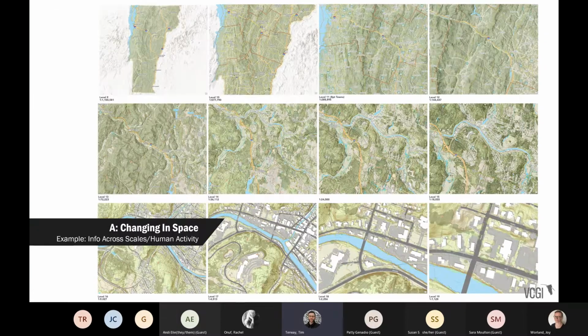So one of the reasons why we're never completed mapping the state is because things change in space, right? So we all know that across different scales and human activity, the information that's relevant to a task at hand differs, right? If you're looking at the statewide scale, such as up at the top left corner, there are different things that matter, setting Vermont in a New England regional context, versus all the way in the bottom right and everywhere in between.